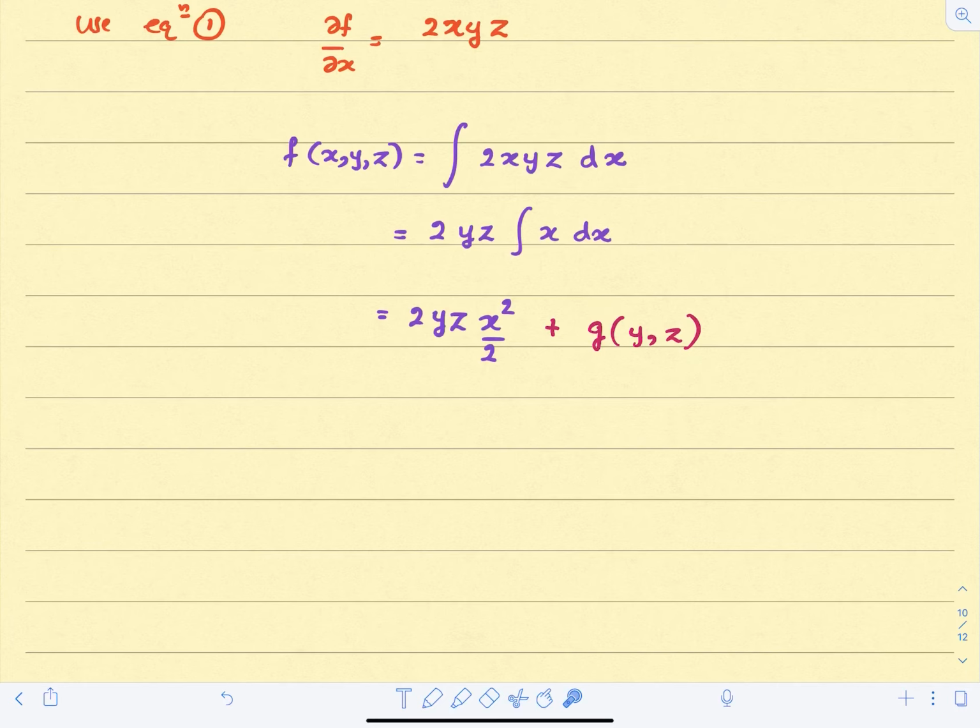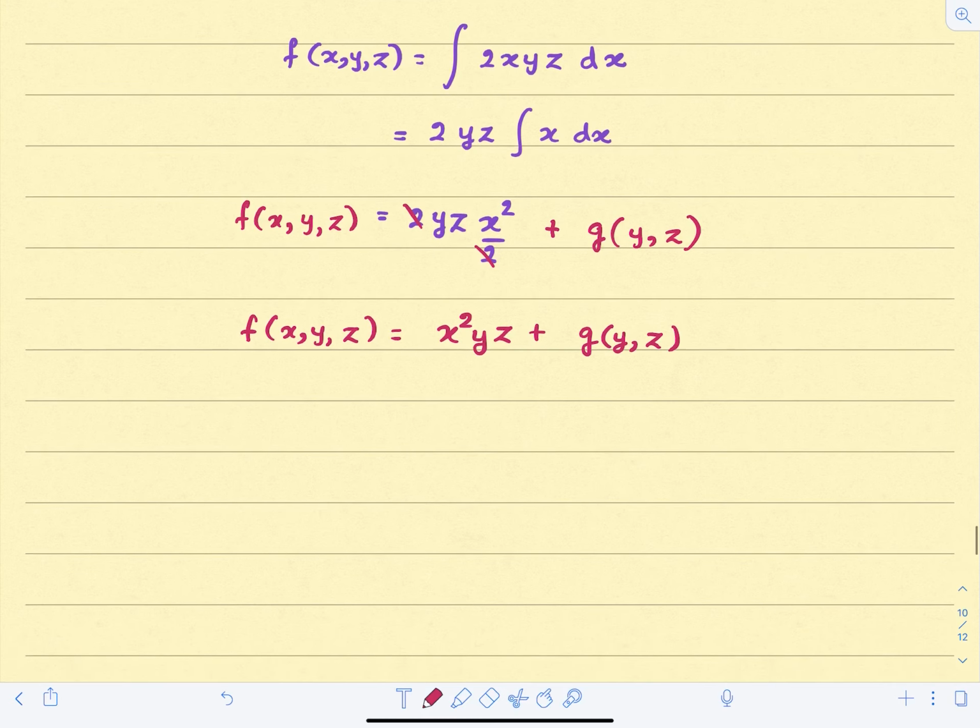So when we integrate something with respect to the x variable, we should add a function with y and z variables only. Okay, so this is our new f. If you simplify this, you will get the current version of f equals x squared yz plus g of y comma z.